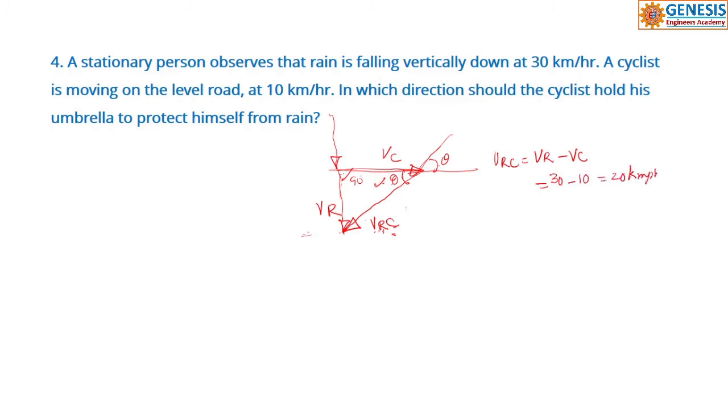Okay, this is VRC. Now, sin theta is equal to VR, which is 30, by VRC, which is 20. I have used it like this. Am I right or not?